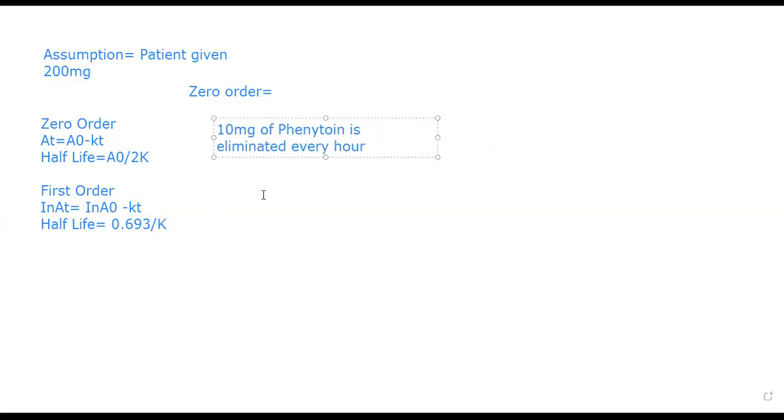But in first order, let's say 10% of phenytoin is eliminated every hour.